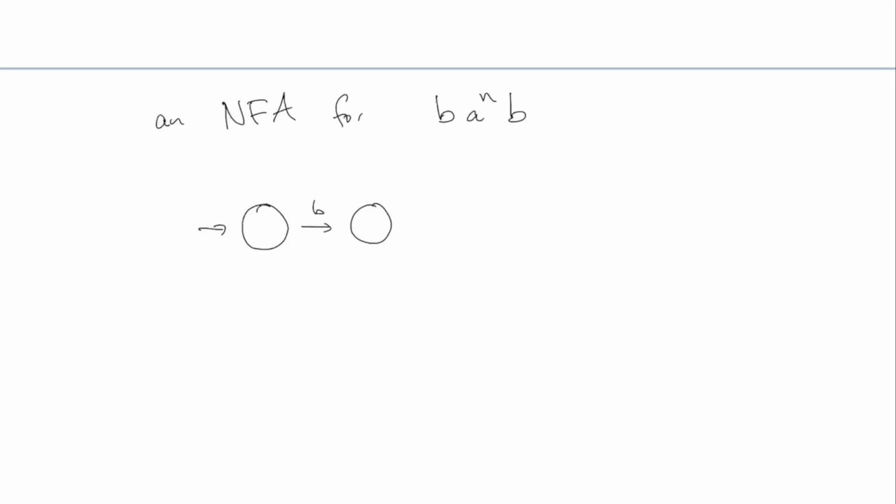Yeah, so you got to start with a B. You can't start with an A because that just doesn't go anywhere. All right, then what? Then loop A. And then B goes out to an accepted state. Yes, great. Yeah, that's all there is to it. You got to start with a B. Then if you want to, you can do some A's in the middle there. And you got to do one more B. And then you're done. Yeah, this is an NFA for that language.